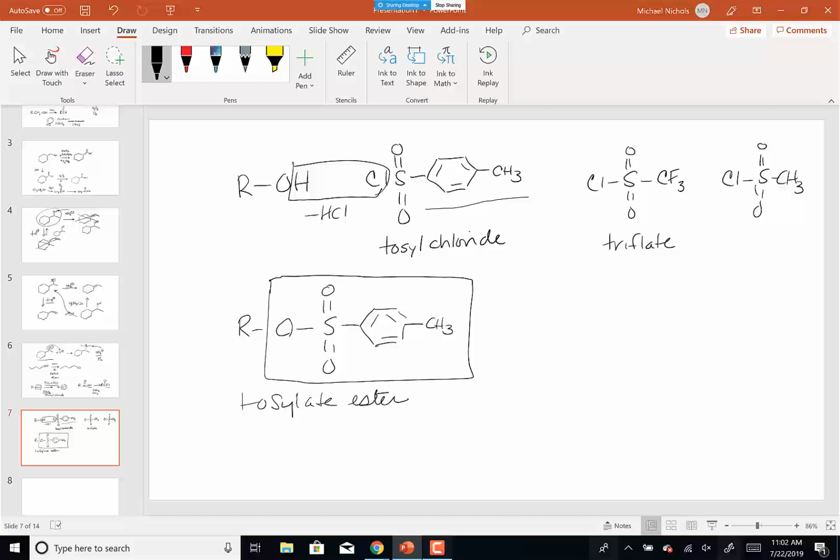The tosylate group is an outstanding leaving group. Because if a chloride came in and reacted with the carbon, it would kick off that group, and that leaving group would be the tosylate group.